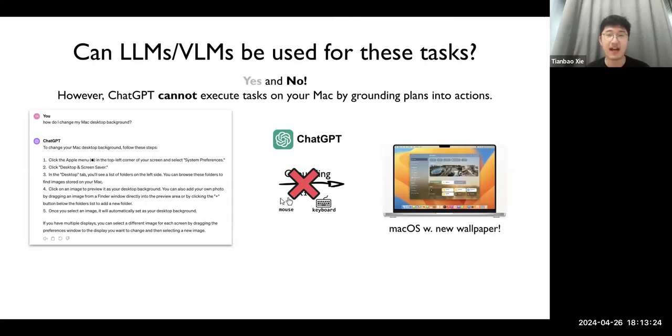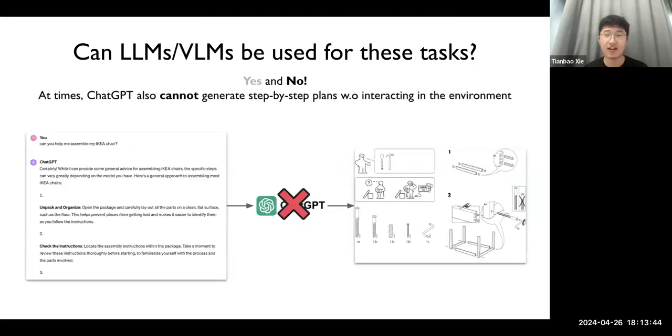You can never expect, and OpenAI may not expect, the alignment work on ChatGPT or GPT-4 to make it the actual executor of this agent task. It cannot hold your mouse and keyboard to help you change the wallpaper. And, of course, it cannot hold your hand or act as a humanoid robot or some other kind of robotics to finish the furniture assembly.